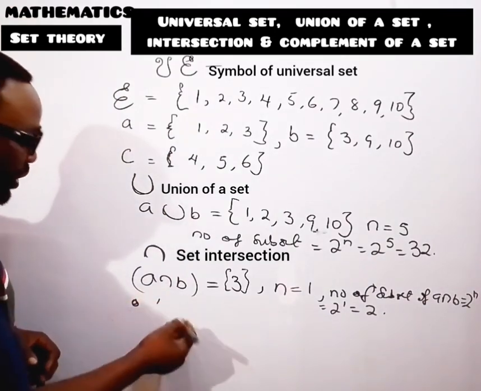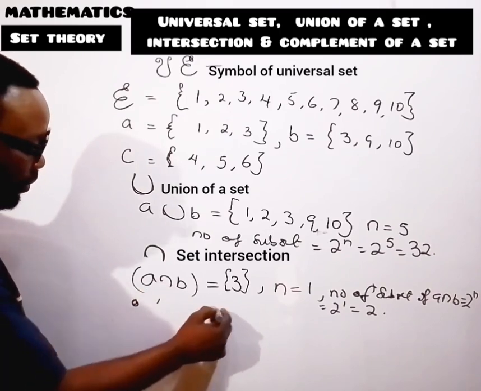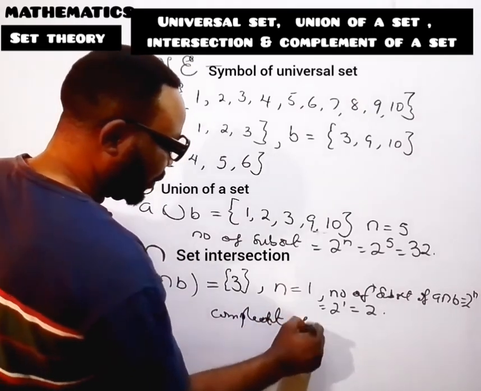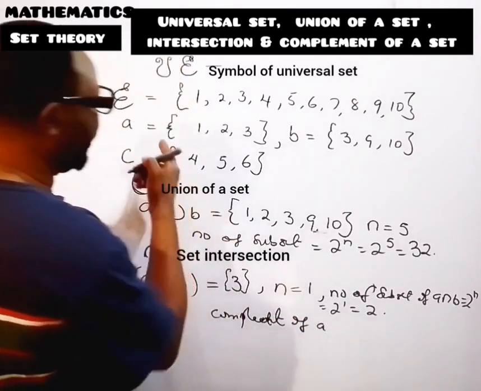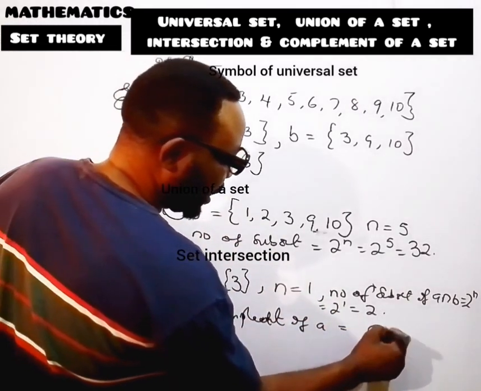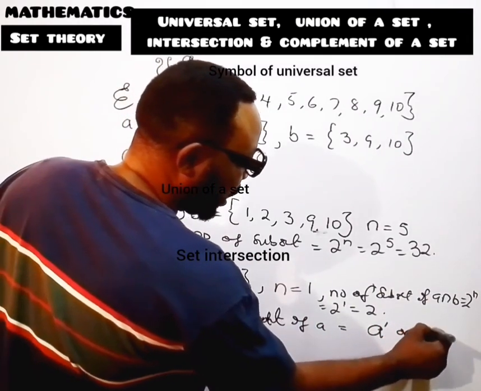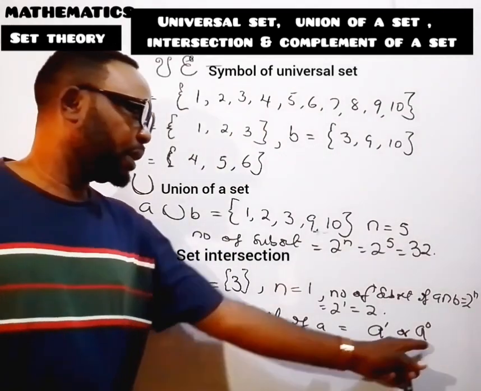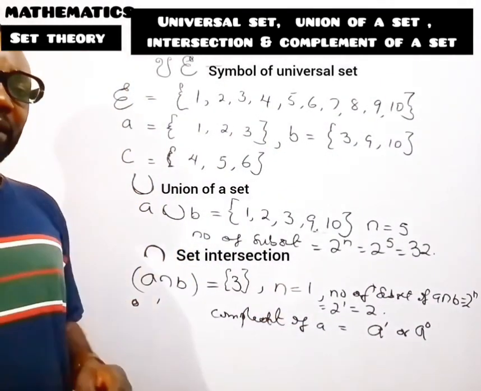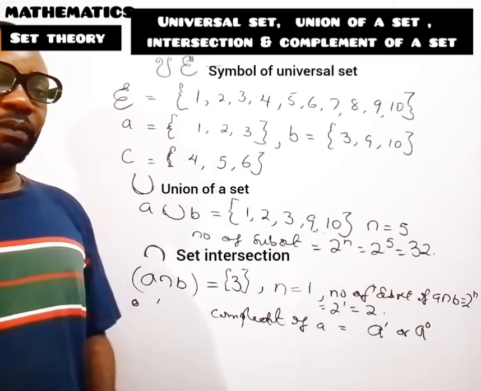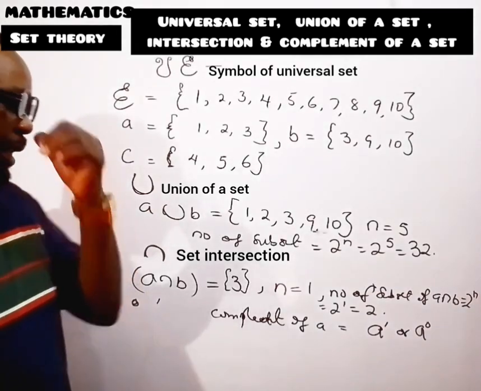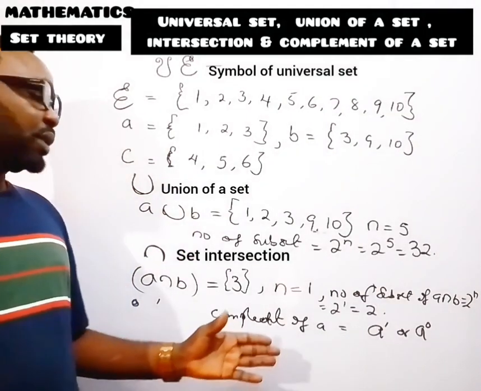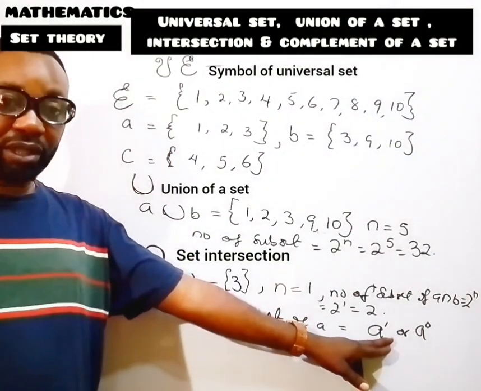For instance, if I'm talking about complement of set A, I will write it as A' or A with a bar. This is what is meant by complement of set A. What is the meaning of a complement? A complement are those elements that are in the universal set but are not in the set in question.